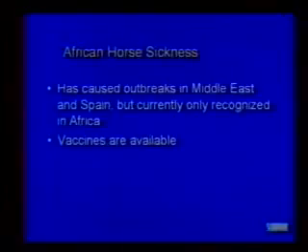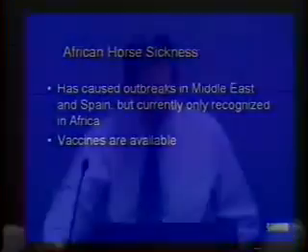As I said, it caused disease in Spain in the 80s, and earlier in the 60s it caused a major epidemic in the Middle East. There are vaccines available, most of them are live attenuated vaccines, but there are also some inactivated vaccines.